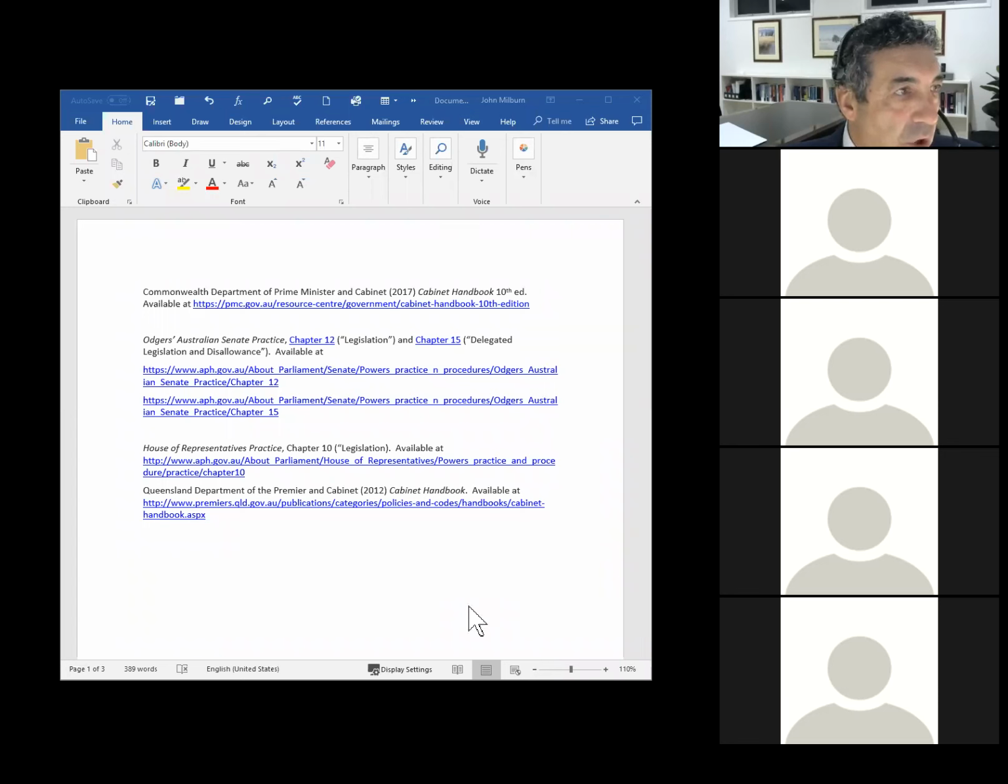So in terms of the Commonwealth Department of Prime Minister and Cabinet, the Cabinet Handbook, 10th edition, and then we have Australian Senate Practice, and I'd particularly like you to look at chapters 12, dealing with legislation, and 15, dealing with delegated legislation and disallowance, and chapter 10 of the House of Representatives Practice, and from the Queensland Government, the Queensland Department of Premier and Cabinet Handbook, which is available through the Premier's office.